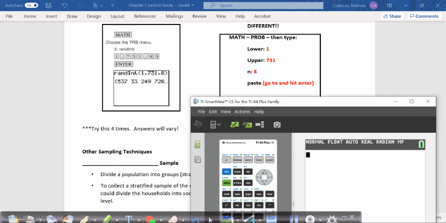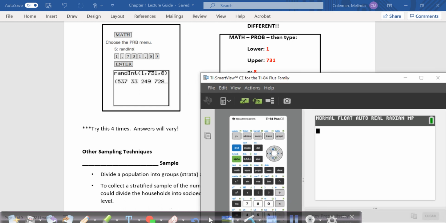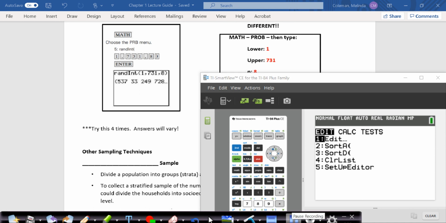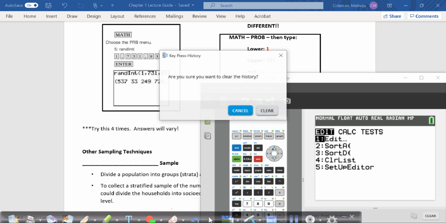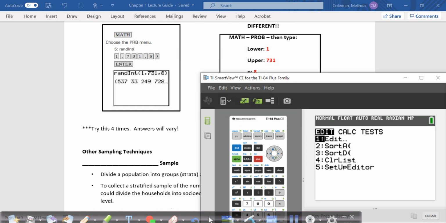on my calculator, I hit stat. Oops, sorry. Sorry, let's clear that.